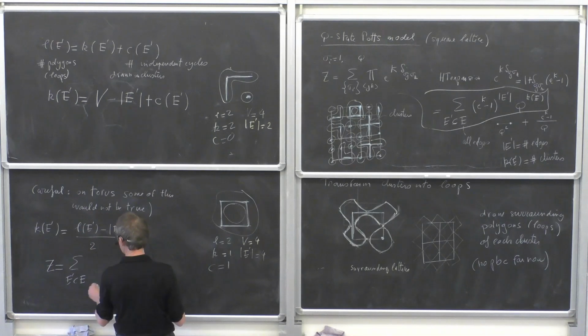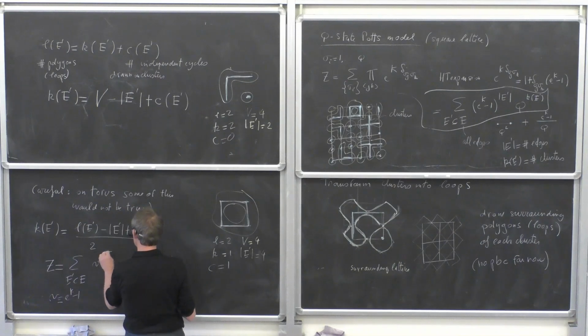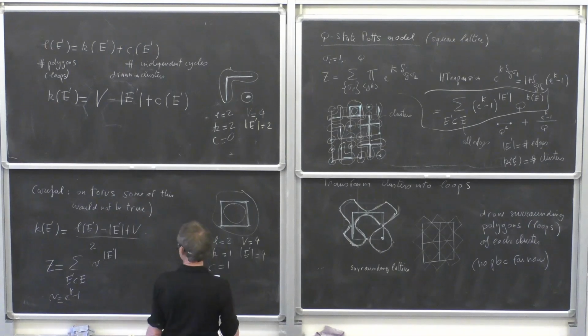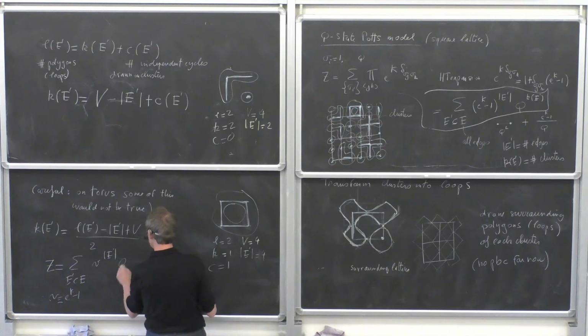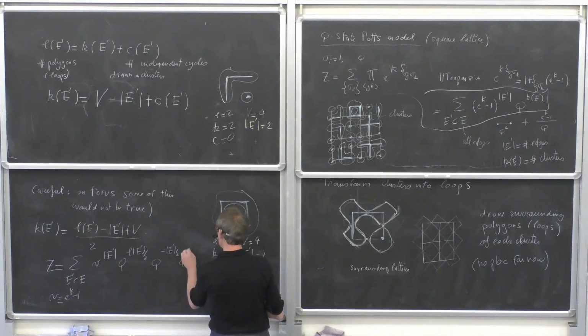so e to the K minus 1, I will often call V for simplicity, V to the E prime, and then Q to the K of E prime, I'll replace by this, Q to the L of E prime over 2. I get a Q to the minus E prime over 2, and I get a Q to the V over 2.